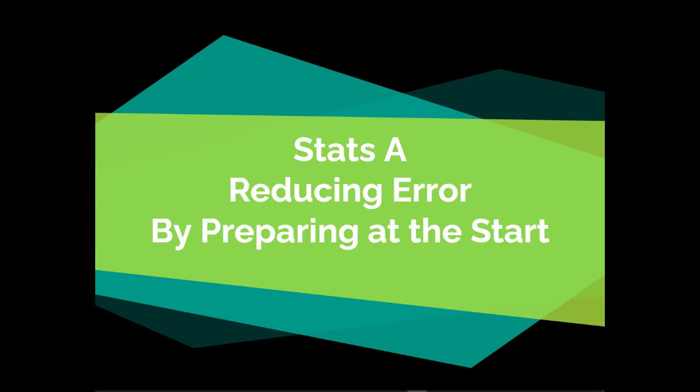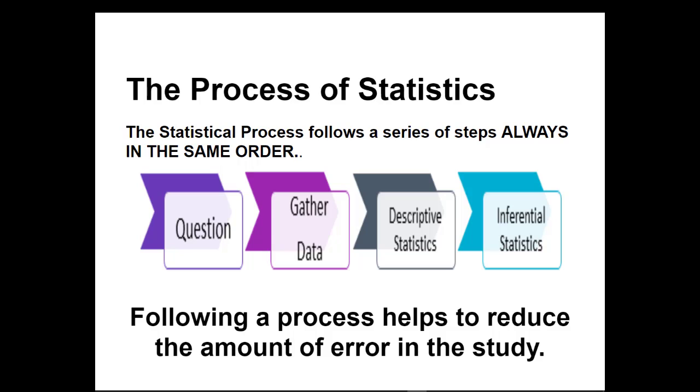But the best part is we will be discussing how to reduce error by preparing for our studies from the beginning. Yay! In the last video, we discussed how the statistical process is similar to the scientific process. Every statistical analysis follows a linear pattern called the statistical process. This always happens in the same order.